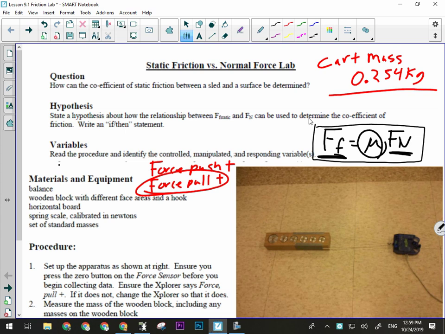If I make the sled lighter, what happens to the normal force? It goes down. So maybe, since this lab is all about the effect of normal force on the force of friction, maybe I'm manipulating one of those two forces and looking for the response in the other. Subtle, huh? Okay.